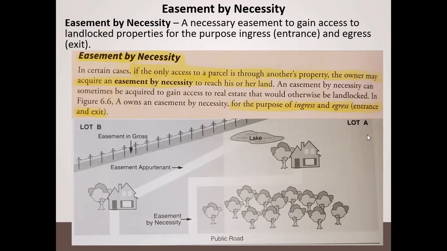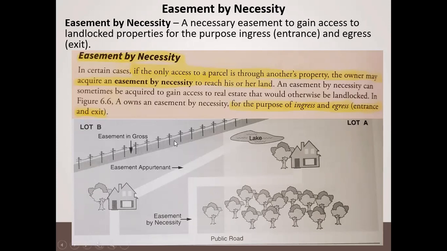Lot owner A, however, can't get to their driveway, to their house, because all these trees are in the way, and you've got all those environmentalists strapping bombs to their chests who wouldn't allow you to cut down a tree. So the only way for them to legally get to their property is to cross over their neighbor's. I have to create some kind of stupid scenario like that with trees. It would be better if there was a river over here, or something that would make that scenario harder to take place.